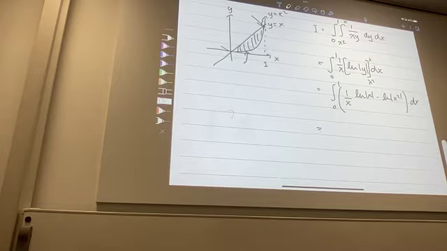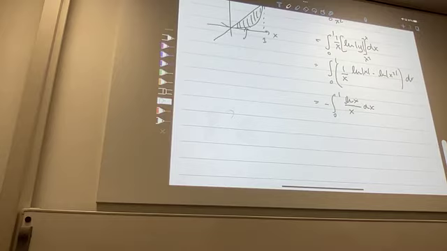You can simplify this down to 1 divided by x. Anyone know how to solve this? Substitute 1 over x equals u.